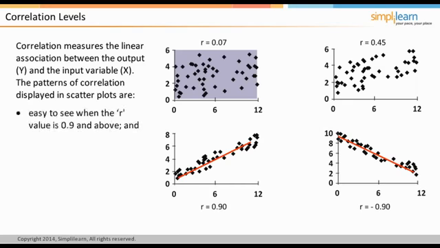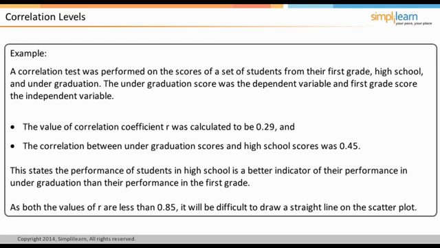This means the high school scores have higher correlation compared to the first grade scores. This states the performance of students in high school is a better indicator of their performance in undergraduation than their performance in the first grade. Although the correlation exists, as both the values of r are less than 0.85, it will be difficult to draw a straight line on the scatter plot.